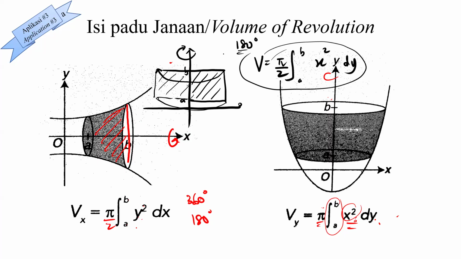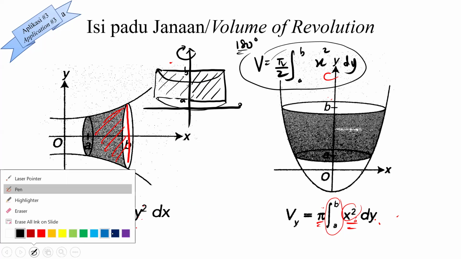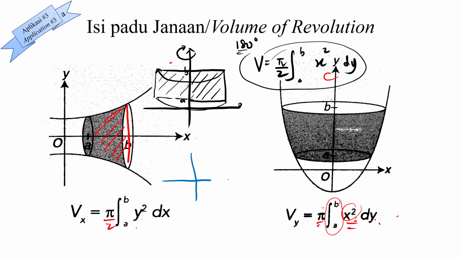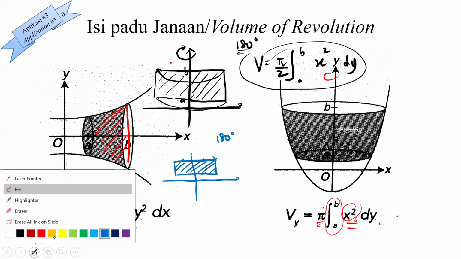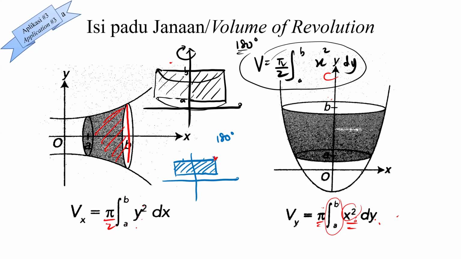But if the graph is like this, and the shaded region is this one, symmetrical, and I say it revolves about 180 degrees, this point will come here, this point will come here, and this point will come here. 180 degrees already, correct?